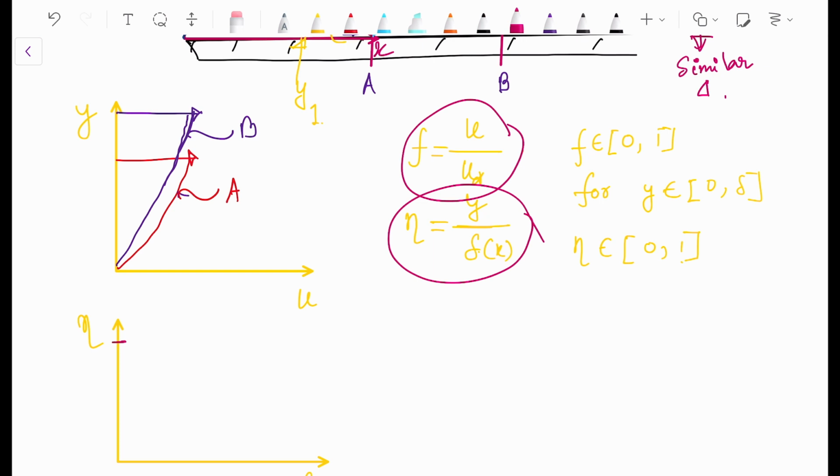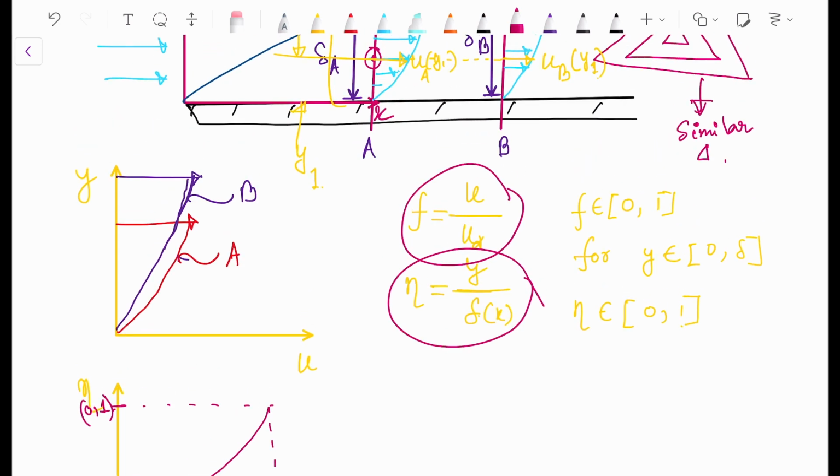So this is this, and maybe this is this, it is 1, and this is also 1. This is 1 comma 0, and this is 0 comma 1.